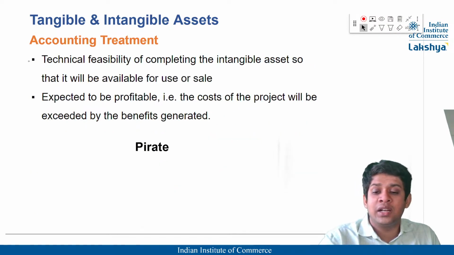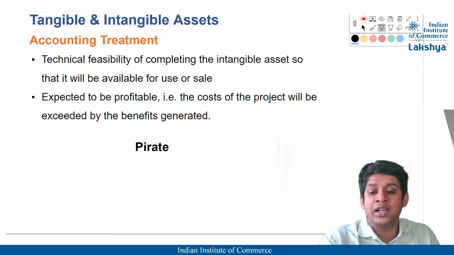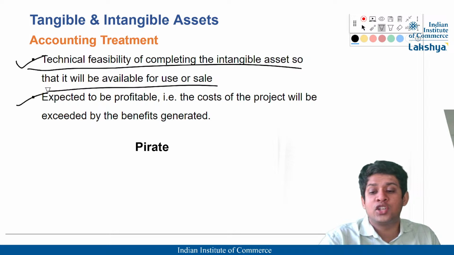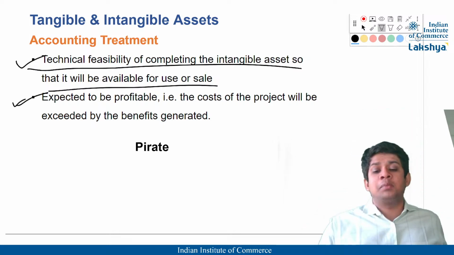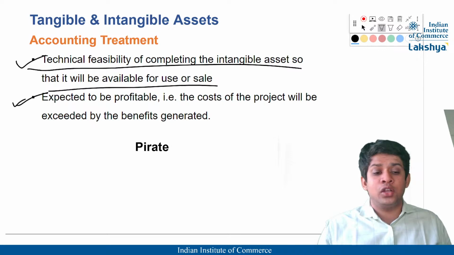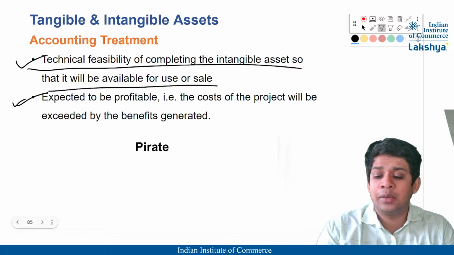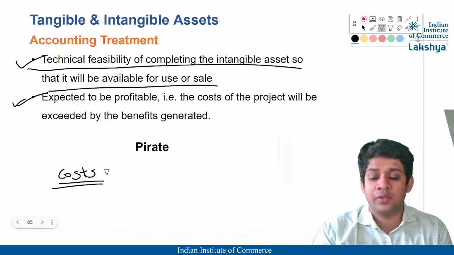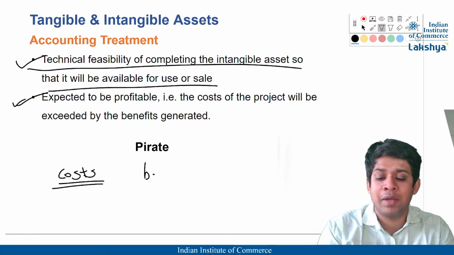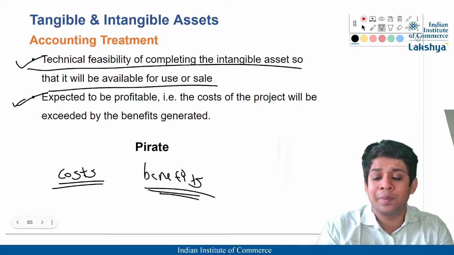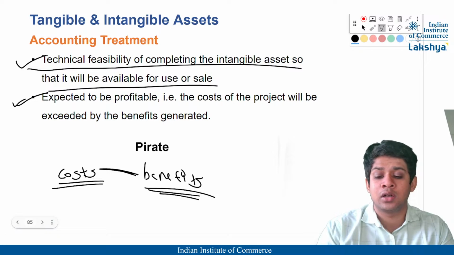Then technical feasibility: I should have the technical feasibility for completing the intangible asset for its use or sale, and it should be expected to be profitable. Expected to be profitable does not mean earning a lot of benefits. It means that whatever are the costs incurred on the asset and the benefits got from it, those benefits should be justifiable for the costs incurred.